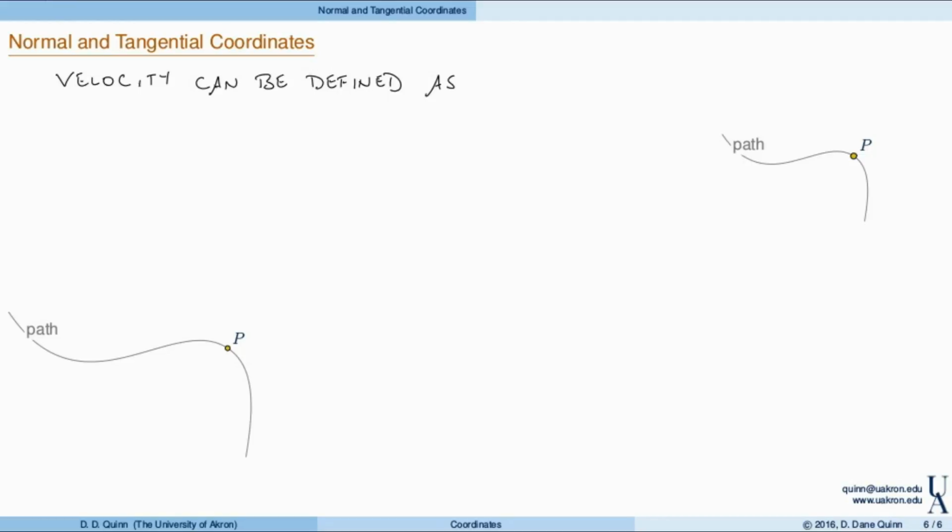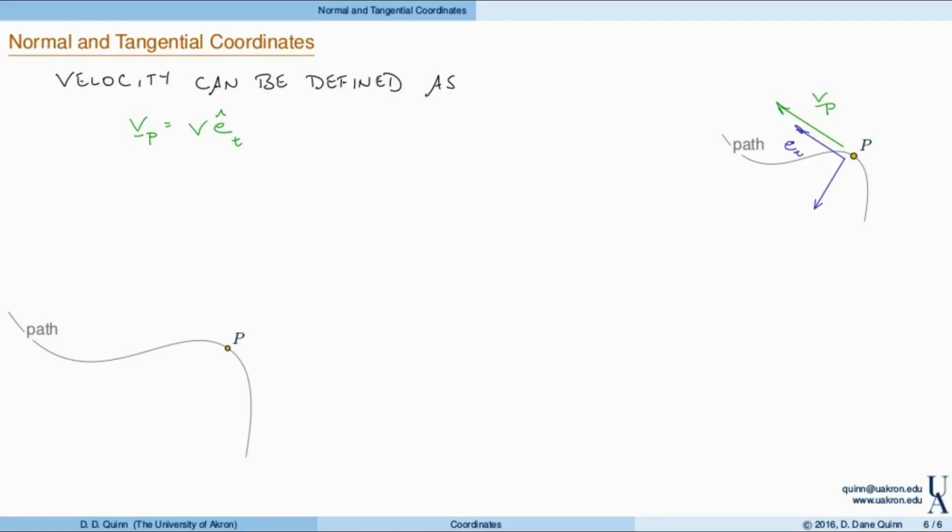If I look at the velocity, for example, it's going to be tangent to the path, and we'll call that Vp. So then Vp is v, which is the speed, in some specified direction, et. Et is going to be along the direction of velocity. And then we'll have a second direction that is directed inward along the path.